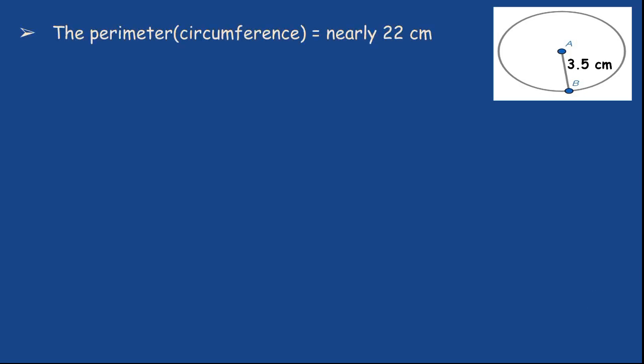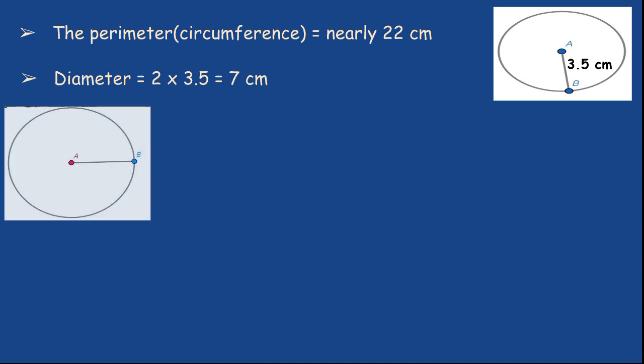If you measure the length of that thread, then it is the circumference. So the circumference of this circle with radius 3.5 centimeters will be nearly equal to 22 centimeters. Now the diameter of this circle is, as discussed previously, double the radius, 2 into 3.5, 7 centimeters.